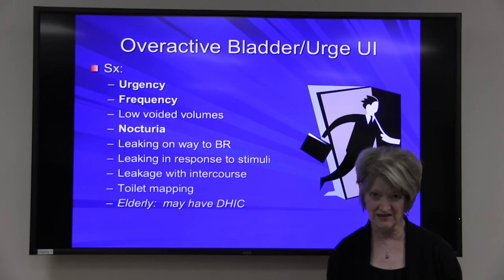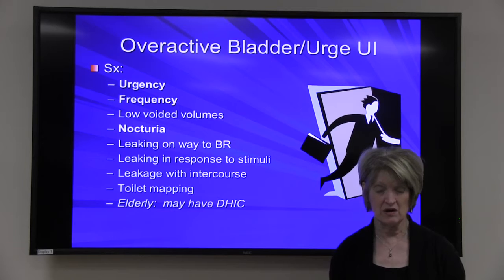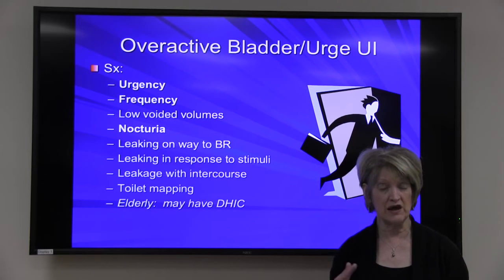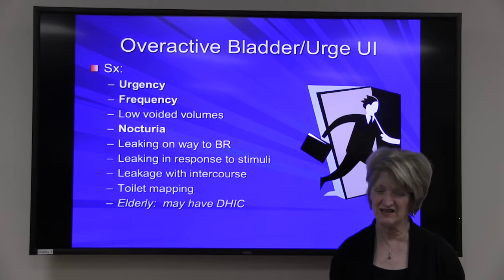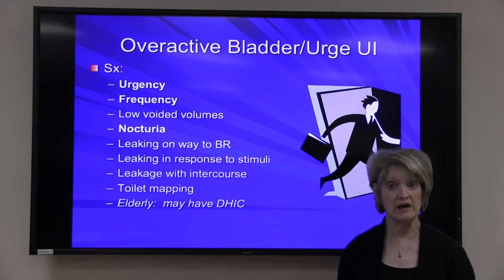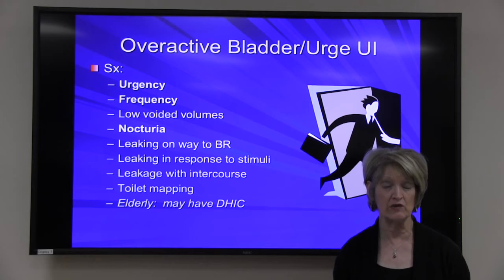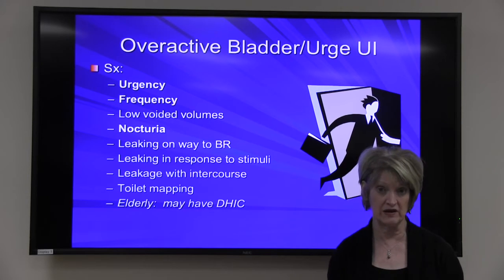You're thinking classic overactive bladder. But if you take it a step further and you ask them, are you pretty confident that you empty your bladder every time you go? They might say, well, I'm not sure, I think I do, I guess I do, I don't know. And if you do a bladder scan, you frequently find that they have elevated PVRs.